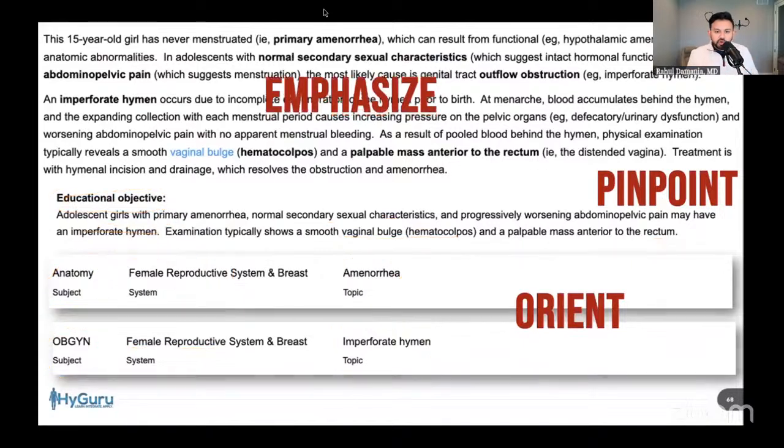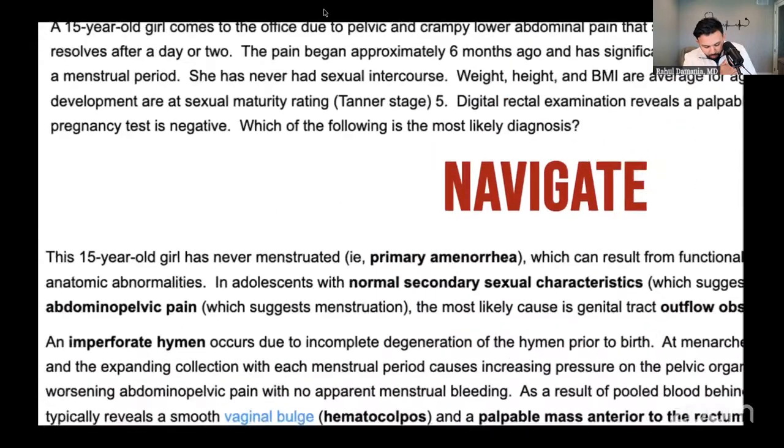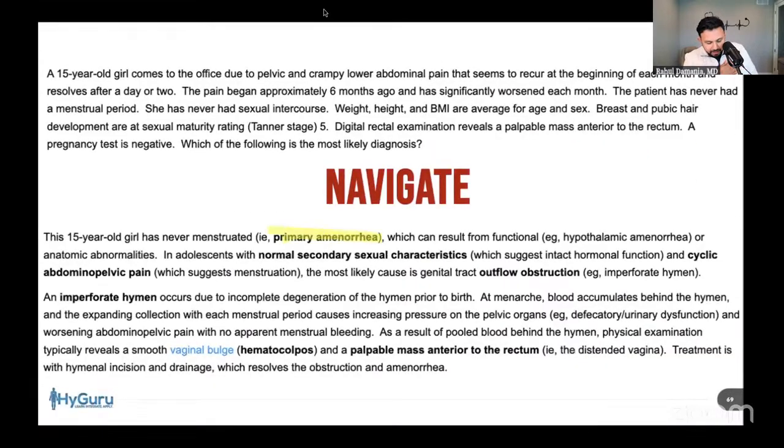Then what you're going to do, and watch this, you are then going to navigate. So look at this bold word right here. Primary amenorrhea is the bold word. What did they put? She has never had a menstrual period. Second, normal secondary sex characteristics. Look in the vignette. What do they put?